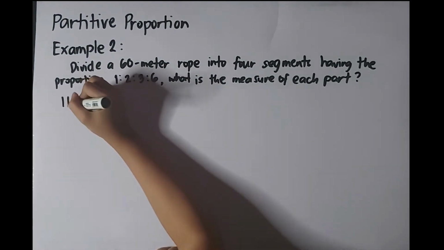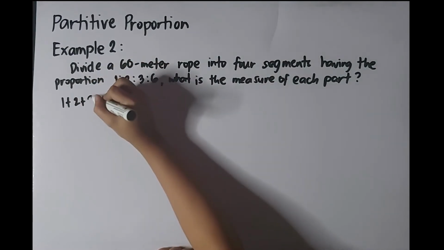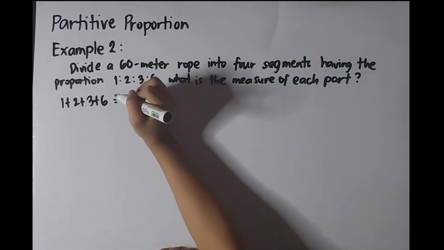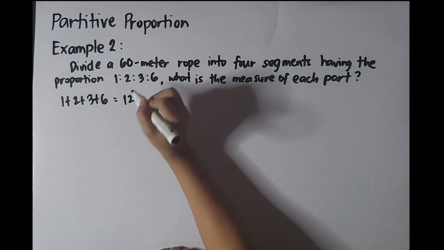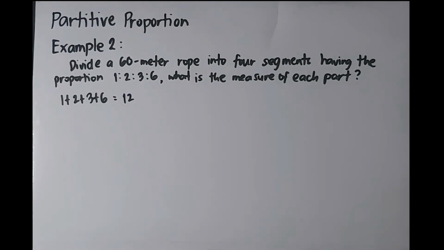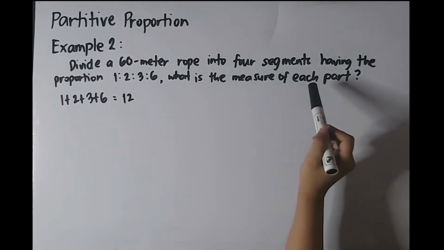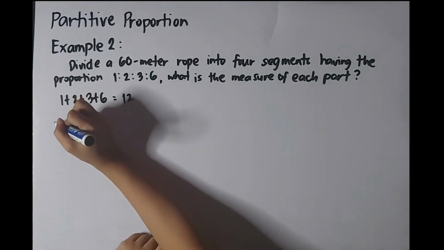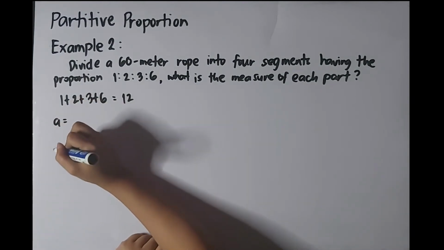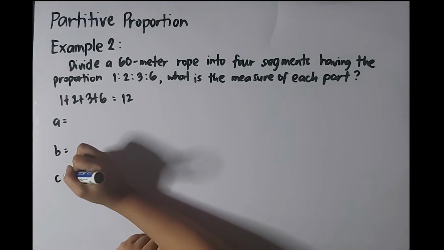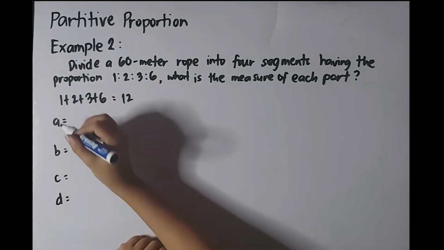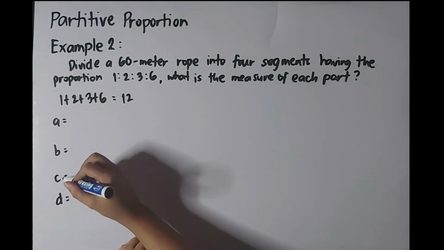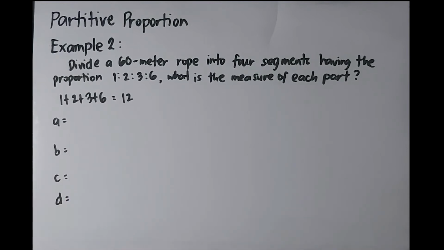So we have 1 plus 2 plus 3 plus 6, that is equals to 12. Let's say each part of the rope, we can notate it with A, B, C, and D. So this is the first part, second, third, and fourth segment.